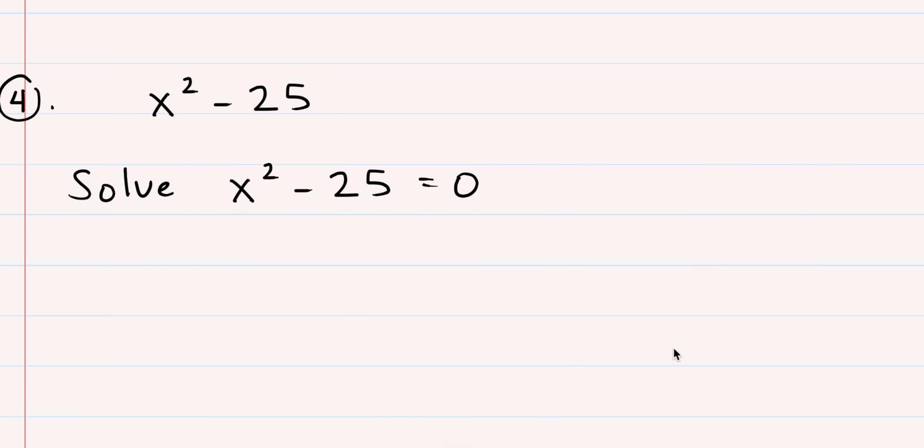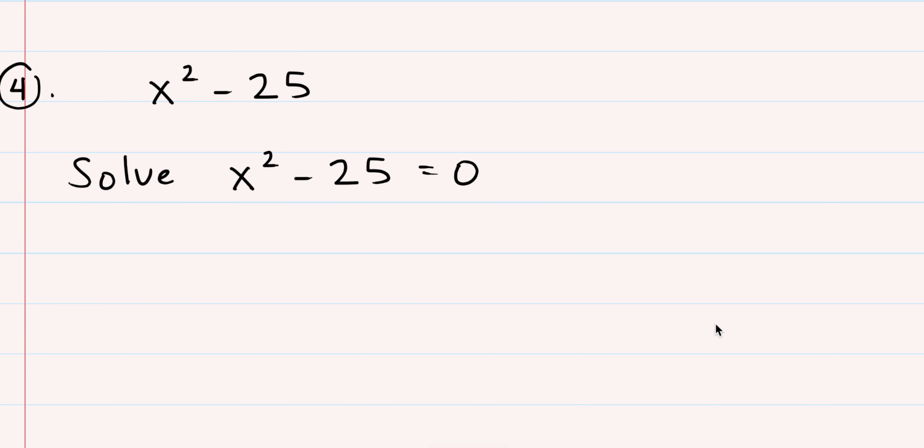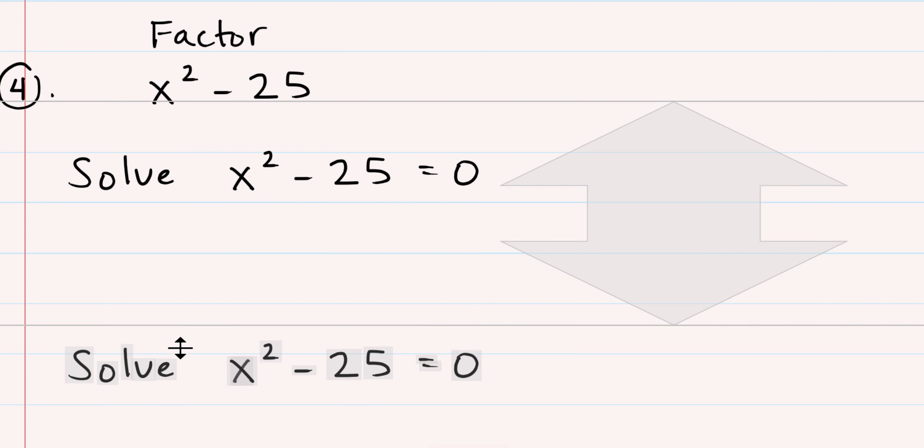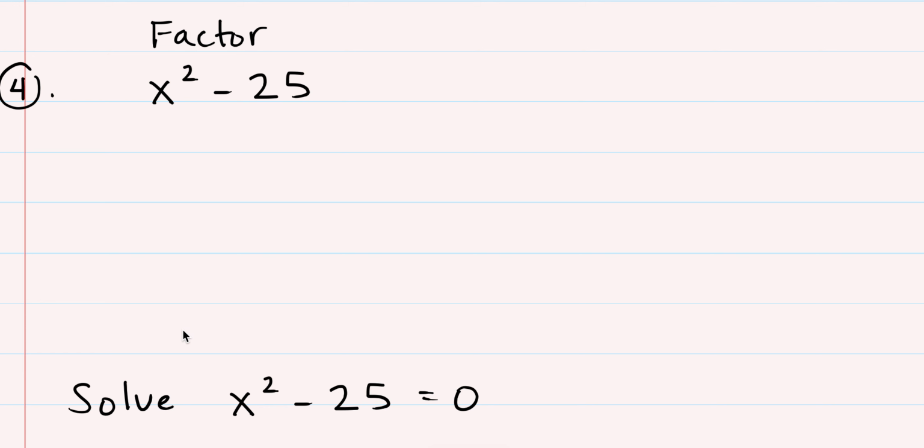All right, let's see what else we have here. Let's solve and factor x squared minus 25. Again, this is a binomial, so you want to see if you have squares here.